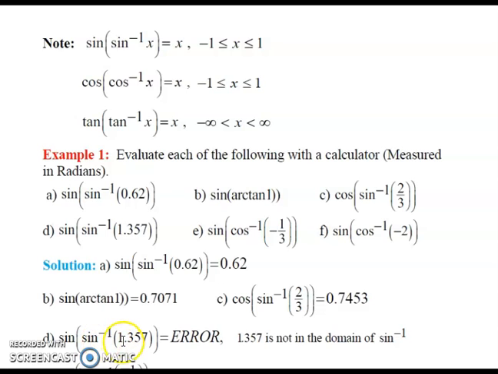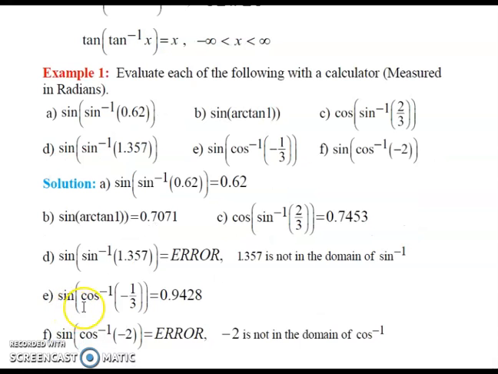Sine inverse of 1.357 gives an error because the domain of the inverse sine function is -1 to +1 only. Here 1.357 is not in the domain of the inverse sine function. Sine of cosine inverse of -1/3: first calculate cosine inverse of -1/3 by using the calculator, then apply sine.